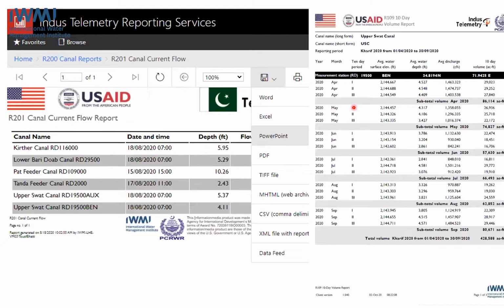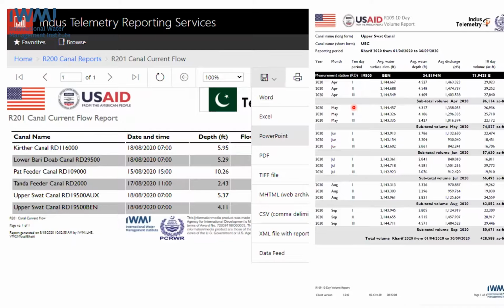So this is a very useful report because provincial irrigation departments have to report to the Indus River System Authority on a 10 daily basis. They have to prepare these kinds of reports and send them to IRSA. And the current practice is that these reports are prepared on a manual basis. I mean, the irrigation department receives data from the gauge readers at different remote locations, then they have to enter it.